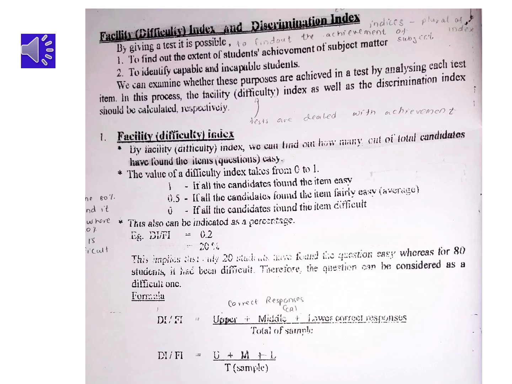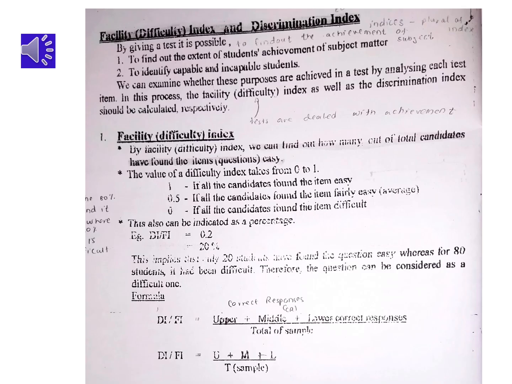Number 2, another advantage of giving a test, to identify capable and incapable students. Who are the clever ones? Who are the weaker ones? So there are 2 main advantages of giving a test.